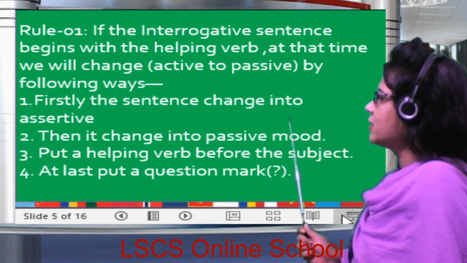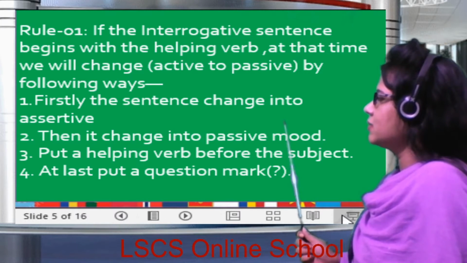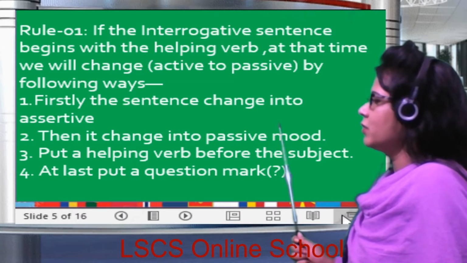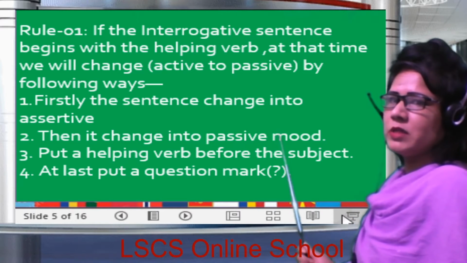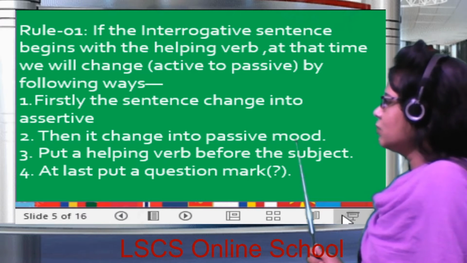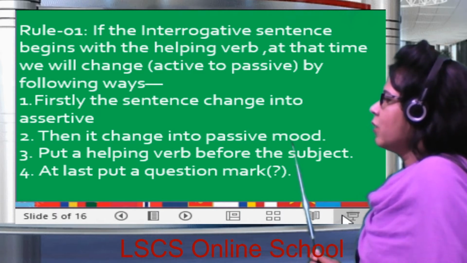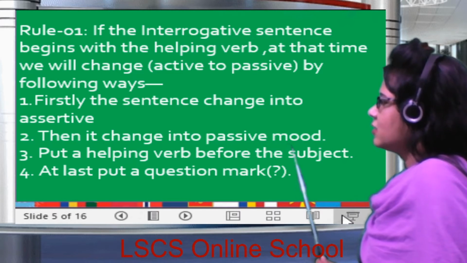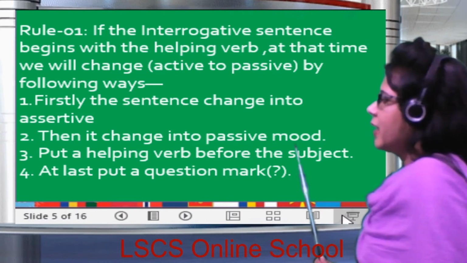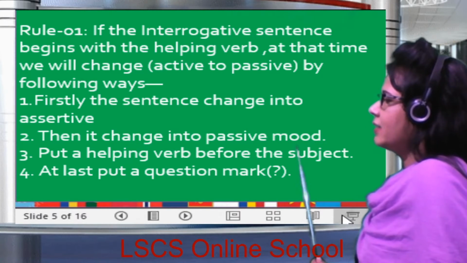At first তোমাকে সেন্টেন্সটাকে assertive mode এ চেঞ্জ করতে হবে, interrogative সেন্টেন্সটিকে assertive mode এ তোমাকে চেঞ্জ করতে হবে, dear students. Then it changes into passive mode. You know, in the previous session, we learned about changing sentence voice from active to passive. So, from seeing the structure, we can change it easily.